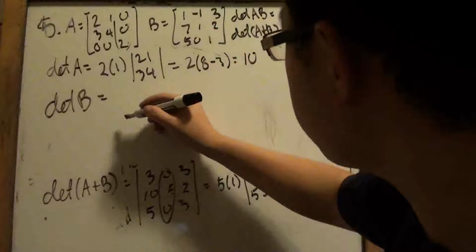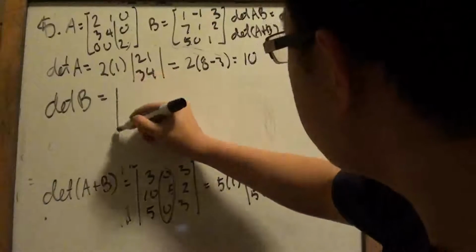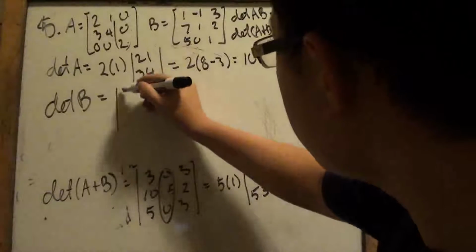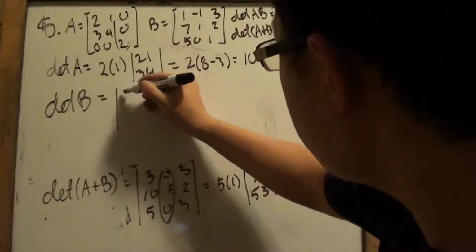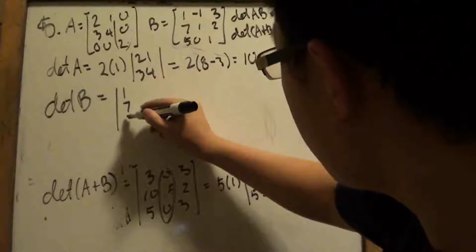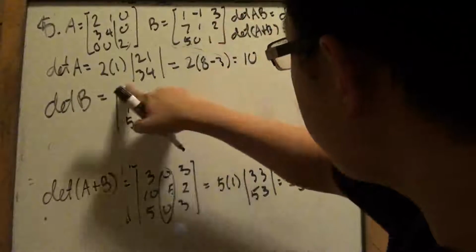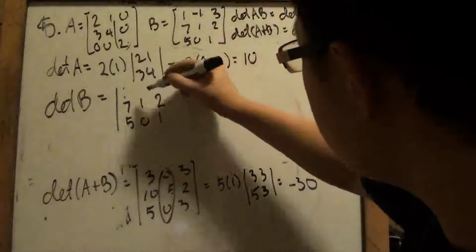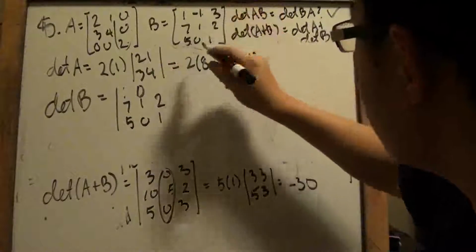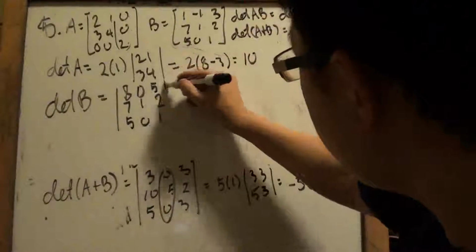Oh yeah, I could have done that. I should have done that. Oh well, I'll just do that right now. 5, 0, 1, 7, 1, 2. I just need to get rid of this entry so that I have two zeros. So that's just adding 8 and 5.